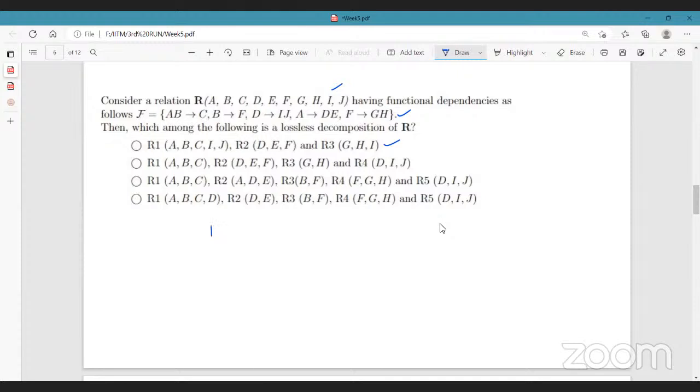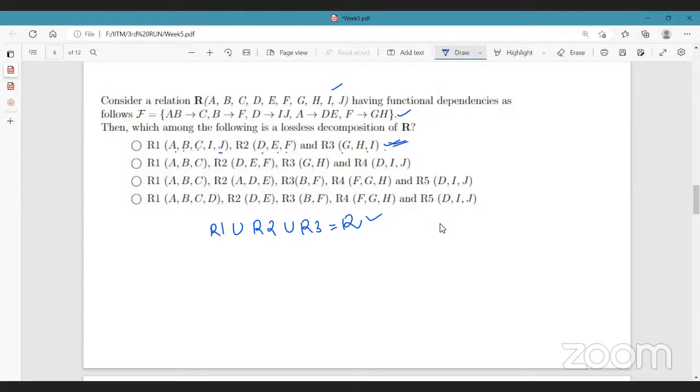When we have more than two decomposed relations, to fulfill the first rule, we will check whether the union of all the decomposed relations is equal to R or not. So here we can see A, B, C, D, E, F, G, H, I, and J. So yes, this particular condition is being satisfied in this option.